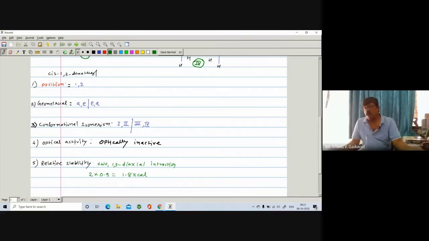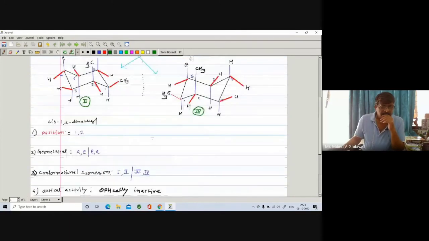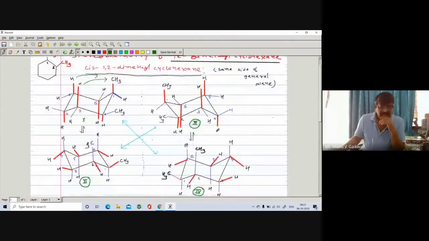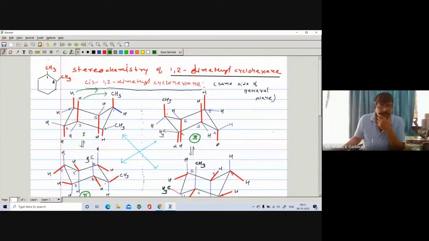Now if you see in the structure, the methyl group on carbon number 1 and the methyl group on carbon number 2, just like carbon 1, 2, 3, 4, just like a butane.